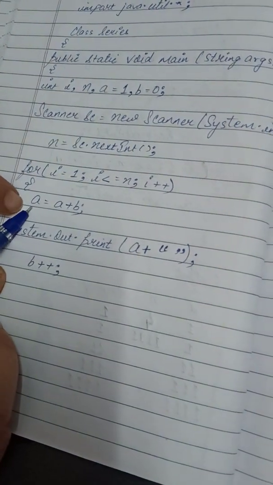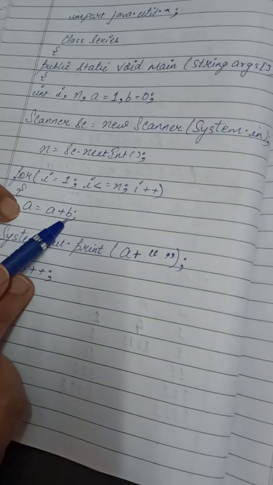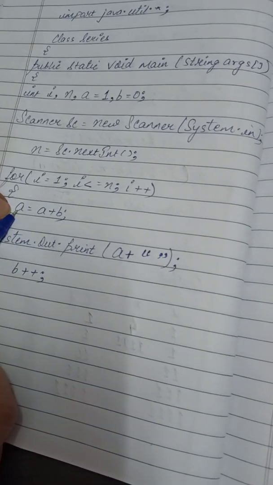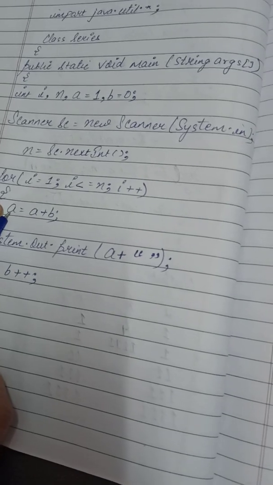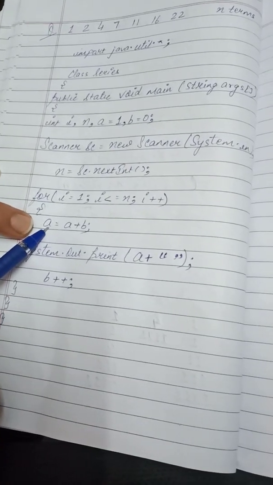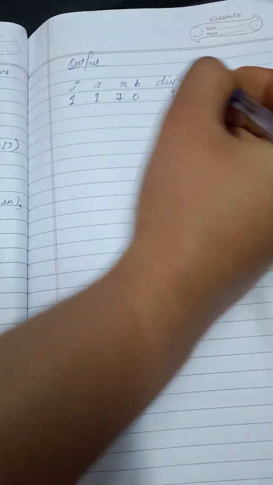So it will go to this part. Your value of a is 1 and b is 0. So 1 plus 0 is 1. So in a, now a has become 1. So it will print here 1.